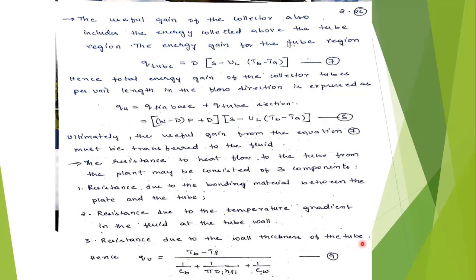We use some thickness for the tube so that the heat inside the fluid will not be exchanged with the atmospheric temperature. This wall thickness also offers some resistance to the heat flow.